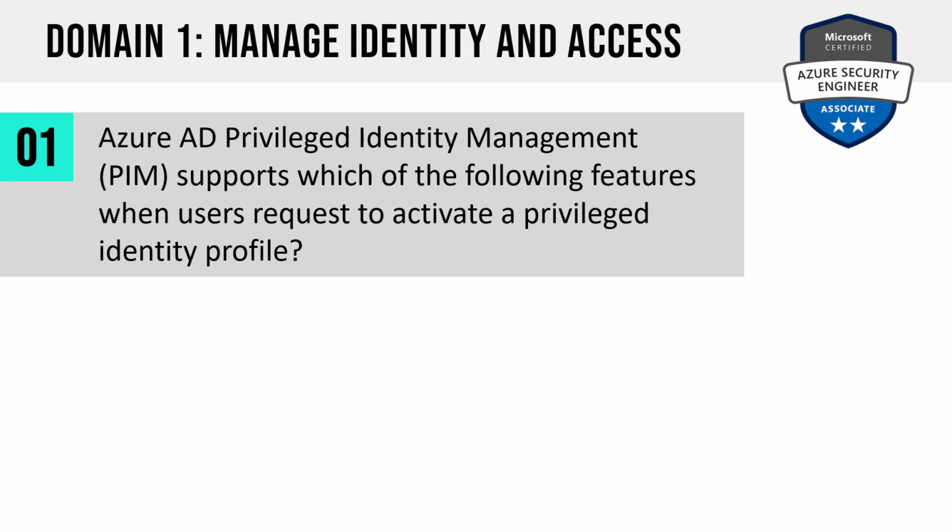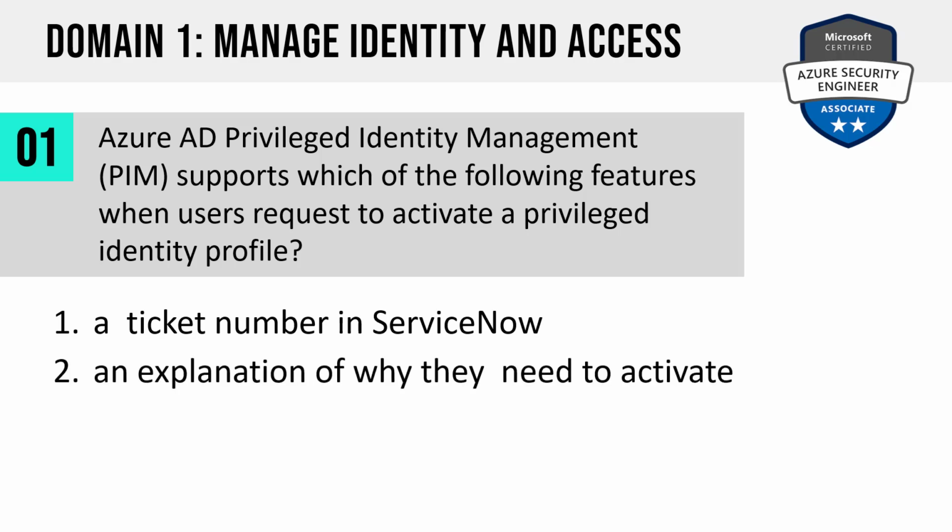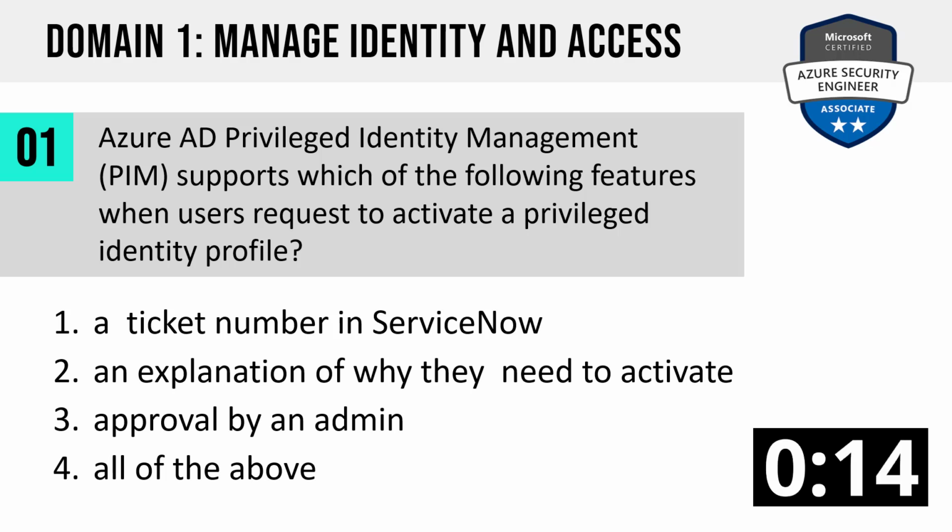Question 1. Azure AD Privileged Identity Management supports which of the following features when users request to activate a privileged identity profile? A ticket number in ServiceNow, an explanation of why they need to activate, approval by an admin, or all of the above.